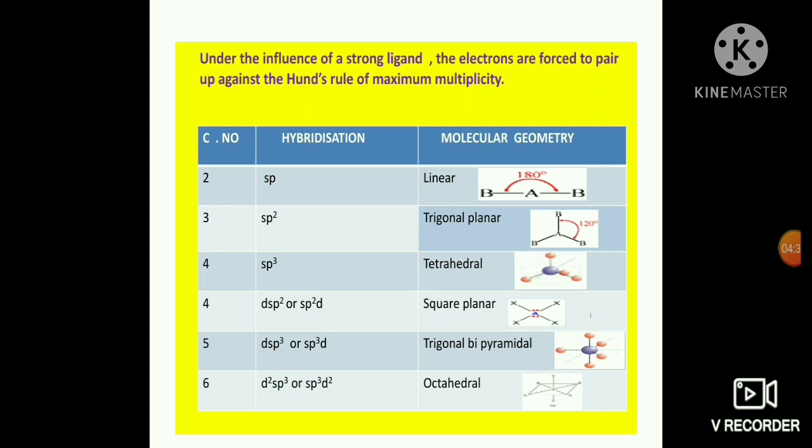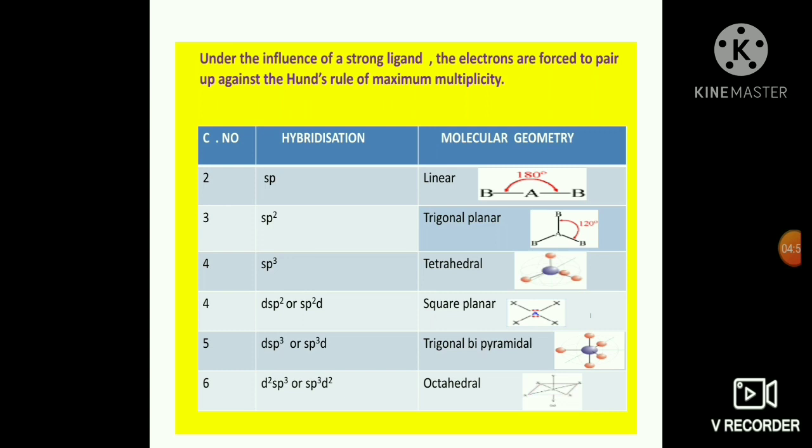If the coordination number is 2, the hybridization is sp with linear geometry. If the coordination number is 3, hybridization is sp2 with trigonal planar geometry. If the coordination number is 4, we have two possibilities for hybridization.